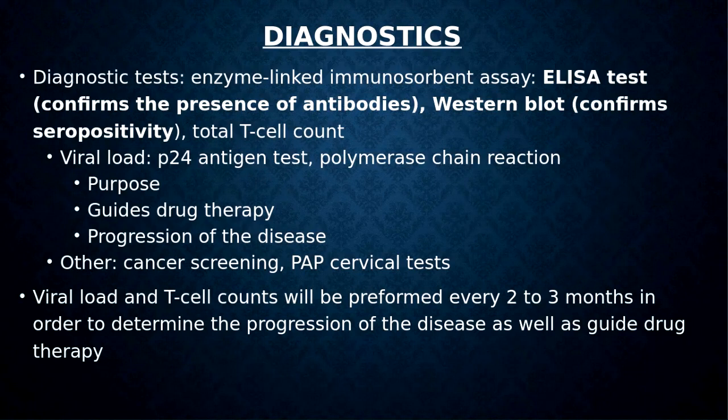Your viral load and T cell counts are performed every 2 to 3 months in order to determine the progression of the disease as well as guide the medication treatment. The T cell or CD4 count measures the extent of the immune system damage.